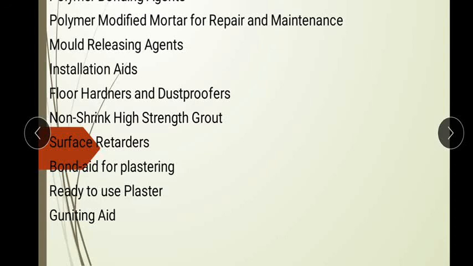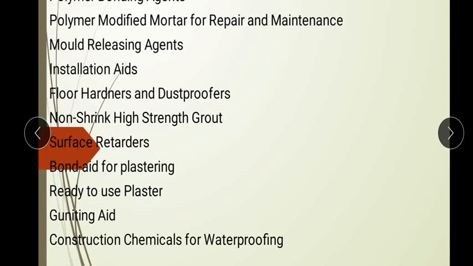Grouting aid. Whenever we inject a small amount of mortar or concrete in liquid form into the structure, that is the more popular one, and that is grouting aid. Next one, chemicals for waterproofing. Even for waterproofing, nowadays many chemical industries are producing chemicals to control dampness.